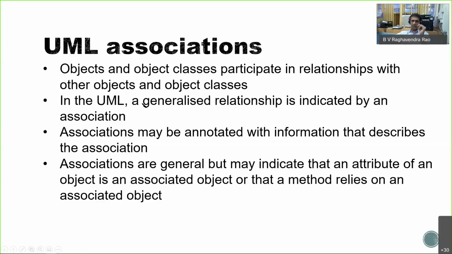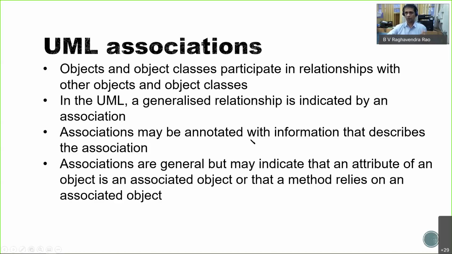The inheritance or generalization structure is actually treated as an association in UML. But an association will also tell what kind of association it is: is it inheritance or generalization, or is it just communication? Typically, associations will be annotated with information that describes the association.